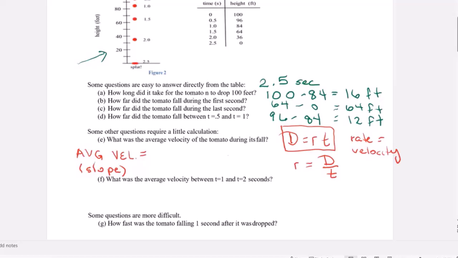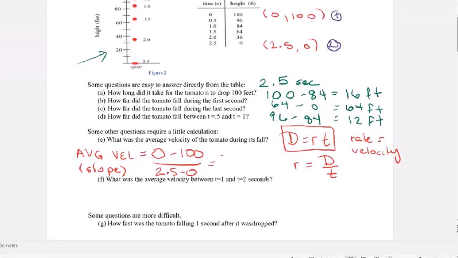So we're going to say time is our X value and height is our Y value. Now, look how important it is to make sure that you have the right X's and Y's, or inputs and outputs. I'm going to have y2, which is 0, minus y1 divided by x2 minus x1.